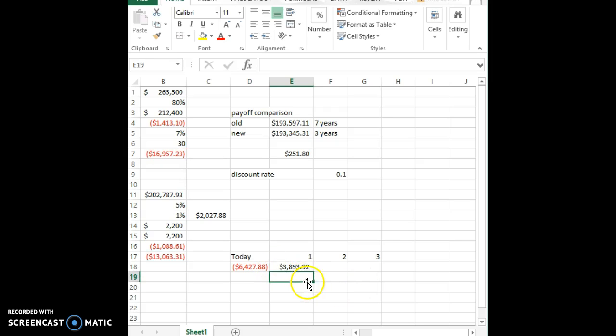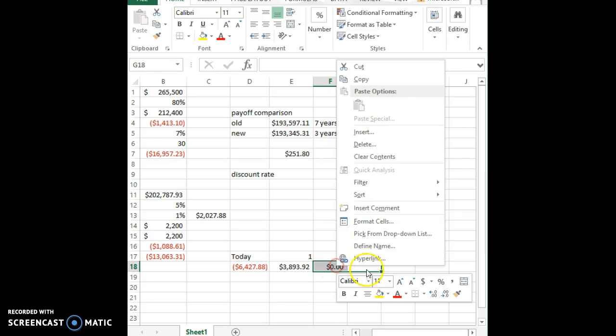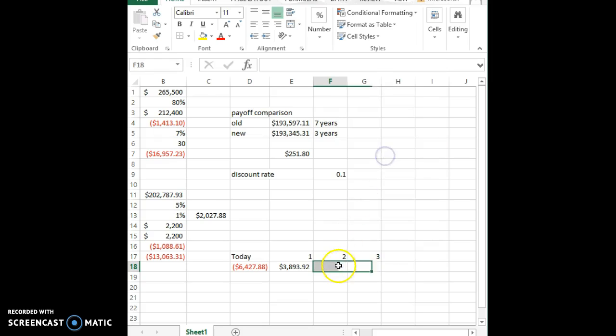You should get $3,893.92, and you're going to drag that across. When you get something like that, just clear out the content, hit equal sign, click on that, enter, and you should be able to drag across.